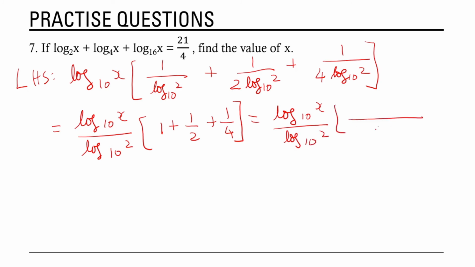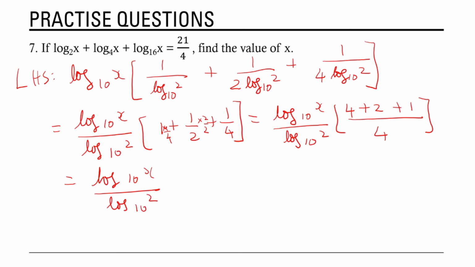So this is equal to log x to the base 10 divided by log 2 to the base 10 times, taking 4 as the LCM. The first term is 4 by 4, the second term is 2 by 4, plus 1 by 4. So the LCM is 4. In the numerator I have 4 plus 2 plus 1, which is 7. So it is log x to the base 10 divided by log 2 to the base 10 into 7 by 4.